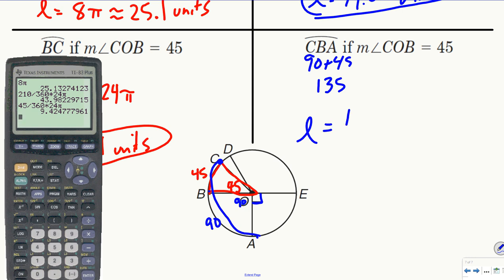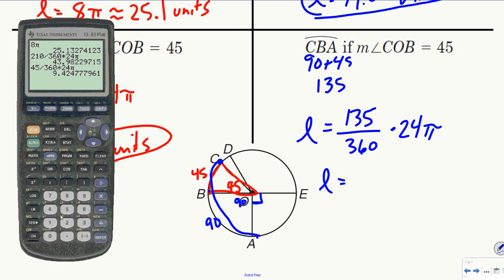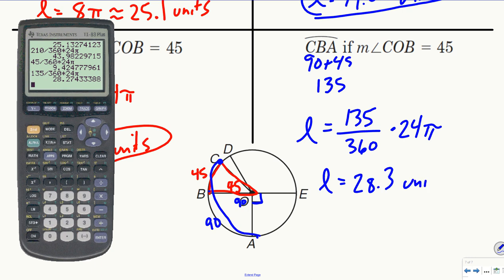So that means our length is the fraction of the circle, 135 over 360, times the circumference, 24 pi. Now we can do that in our calculator and we'll be done. We have 135 over 360 times 24 pi. We end up with 28.3 units.